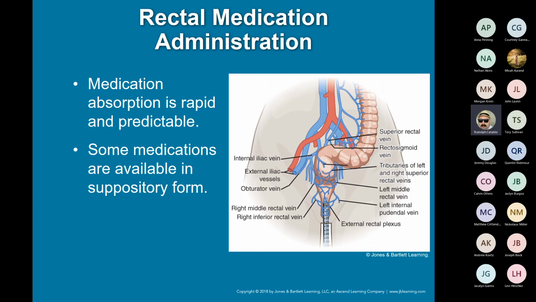Some protocols I've also seen where you can give dextrose or glucose rectally to raise blood sugar if you have no means of access anywhere else, because the digestive tract is very quick to absorb things and then it carries throughout our circulatory system. So that's enteral, anything through the digestive tract.